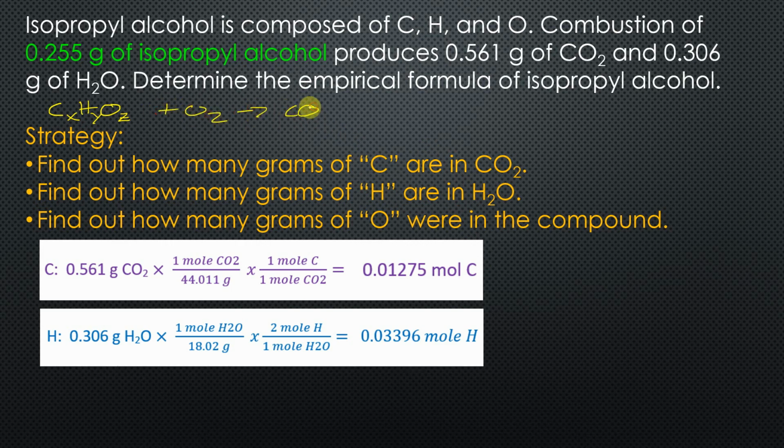We're making the CO2 and we're making the water. And yes, all the carbon in CO2 came from our compound, and all the hydrogen in water came from it. But the oxygen in these 2 molecules didn't just come from our isopropyl alcohol, right? There was also some combusting of oxygen. So some of these oxygens actually did not come from our compound.